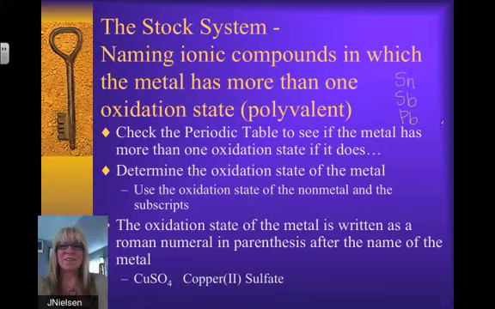They're to the right, like groups 13 and 14, but they have multiple positive oxidation states, so we need to use a Roman numeral. This Roman numeral came from the copper, so what it's telling us is that copper is +2. So copper is +2, SO4 is -2, so they combine at a 1:1 ratio.